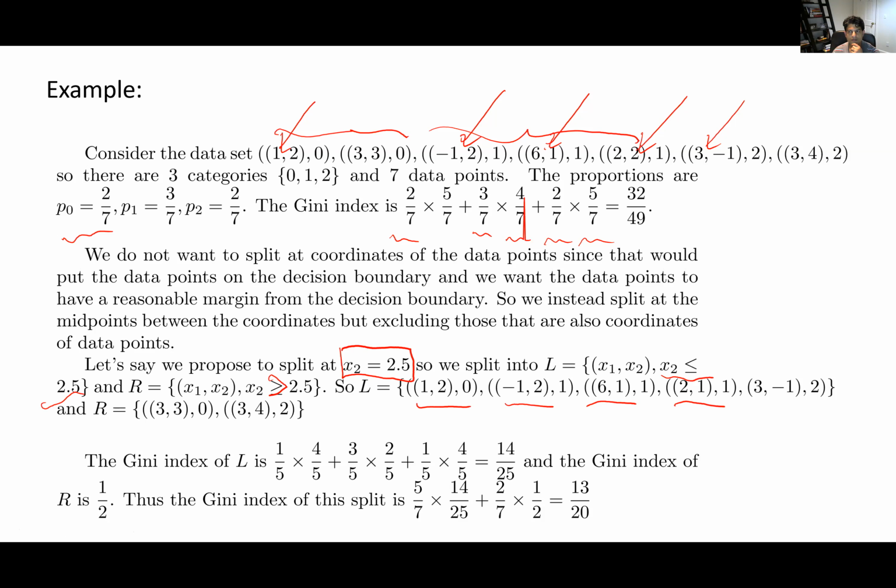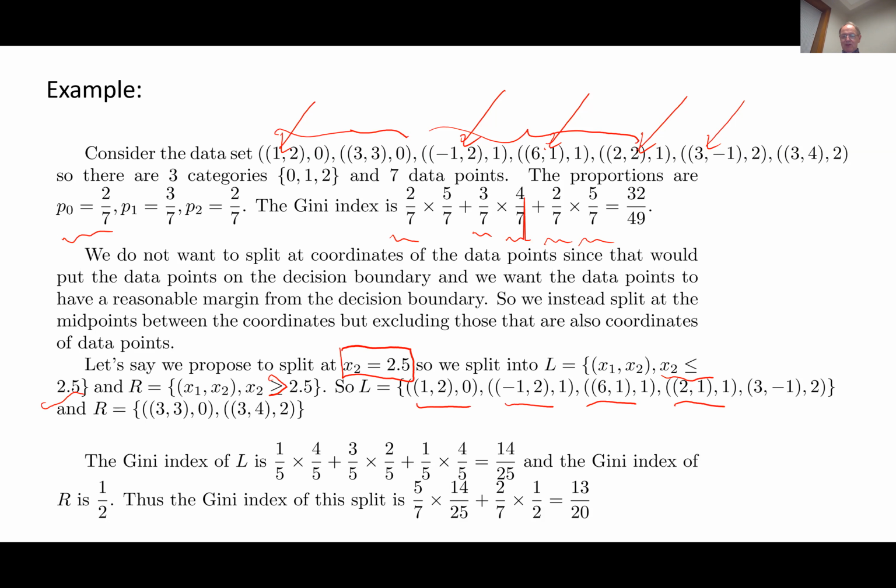But we don't want to split at coordinates of the data points, because that's going to put the data point on the decision boundary, and that's what we don't want. 2.5 is a midpoint of two coordinates, right?